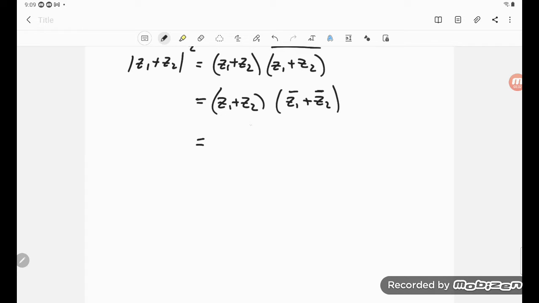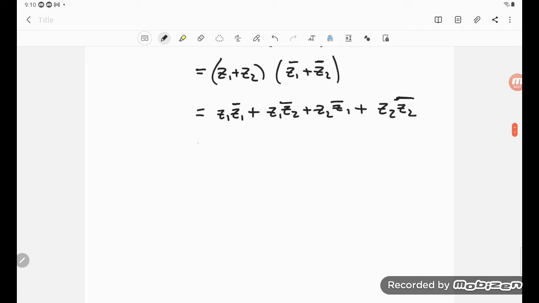So when we multiply this all out, we get a Z1 Z1 conjugate plus a Z1 Z2 conjugate plus a Z2 Z1 conjugate plus Z2 Z2 conjugate.